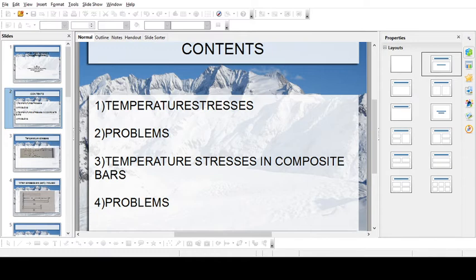On calculating all these things, you will get 142 Newton per mm square. So this is the stress induced if the expansion is partly prevented.